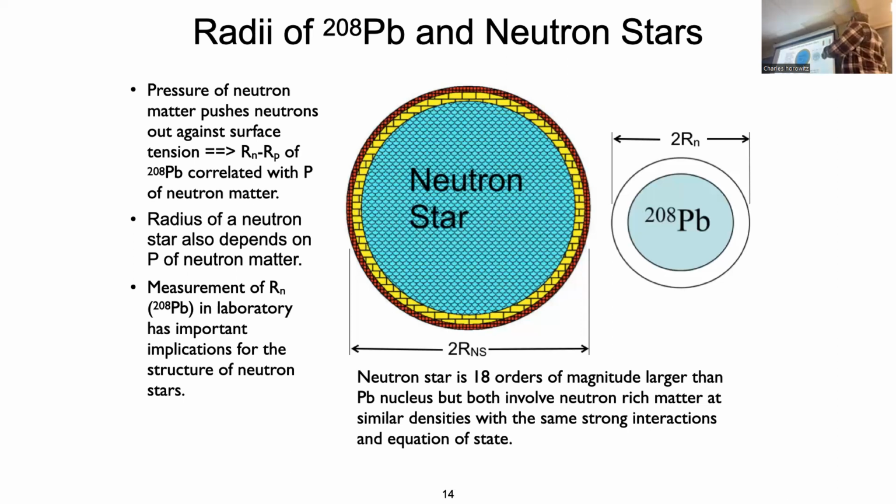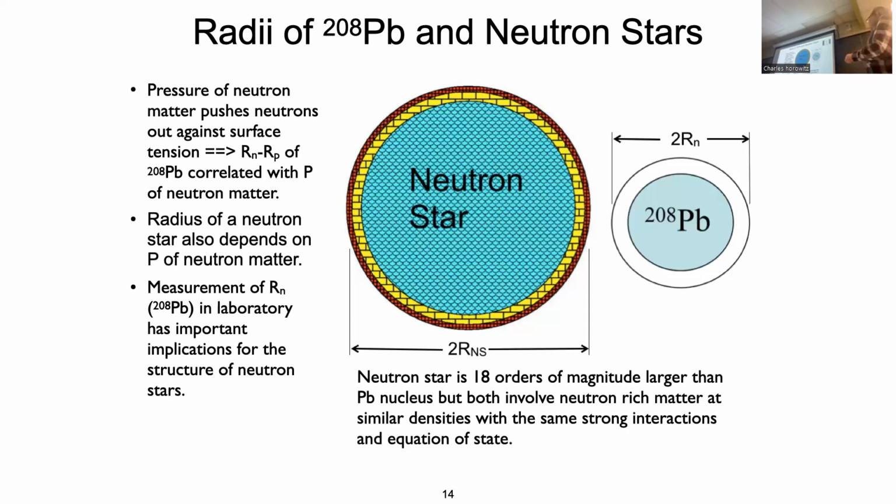And now these are not to scale. A neutron star is 18 orders of magnitude larger than lead, but they both involve neutron-rich matter at similar densities, I'll talk about that, with the same strong interactions, the same equation of state, pressure as a function of density of neutron-rich matter.